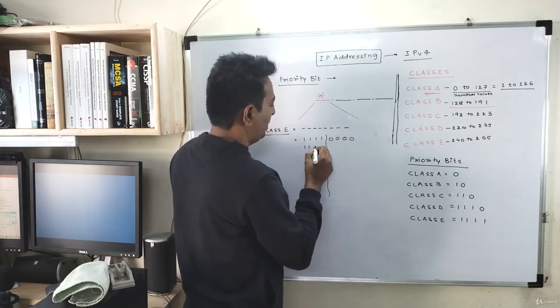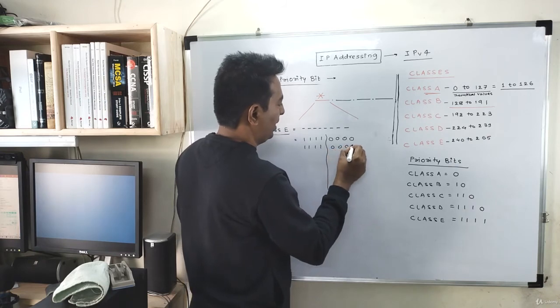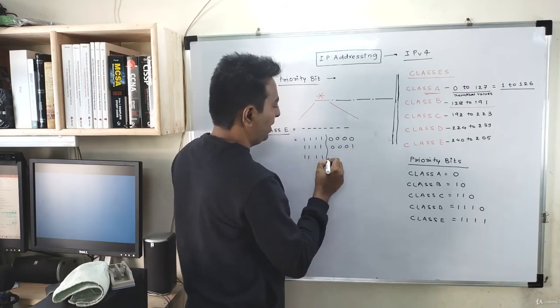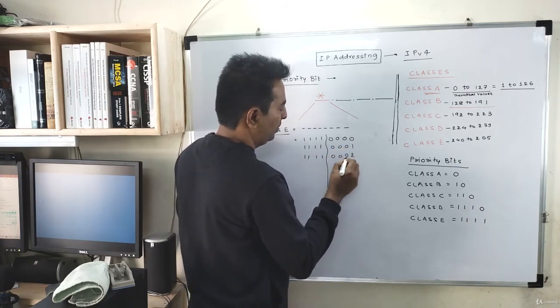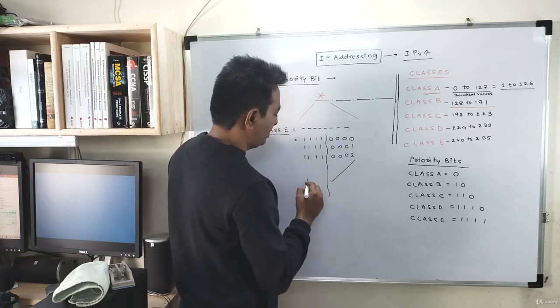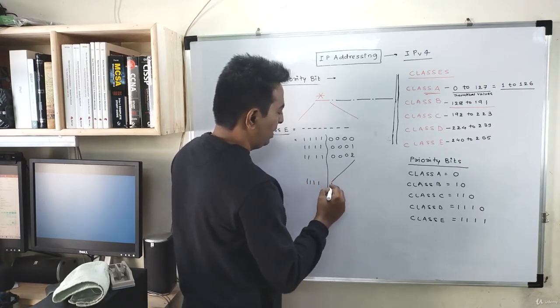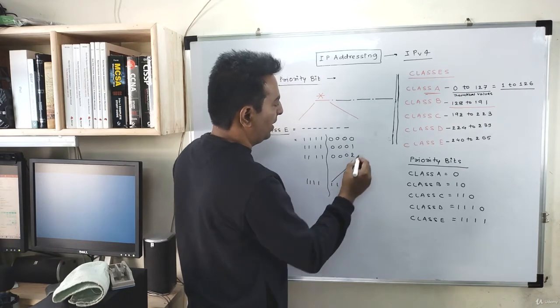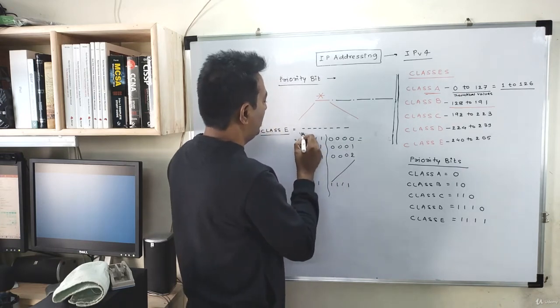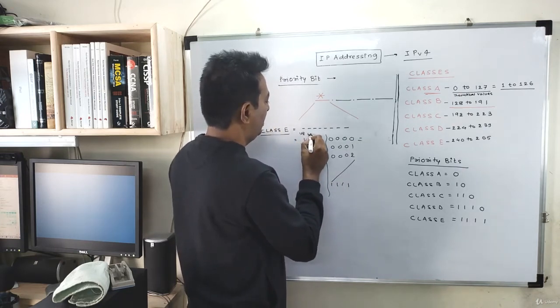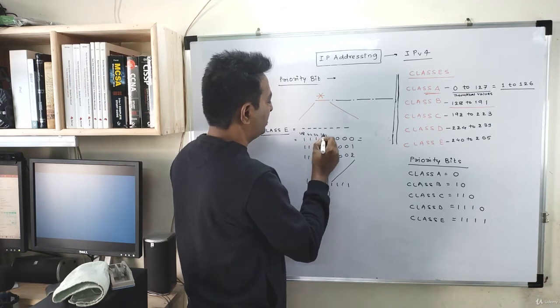So 1, 1, 1, 1, 0, 0, 0, 0. At the max, what will happen here? All zeros will become 1. So this is 128, 64, 32, 16.